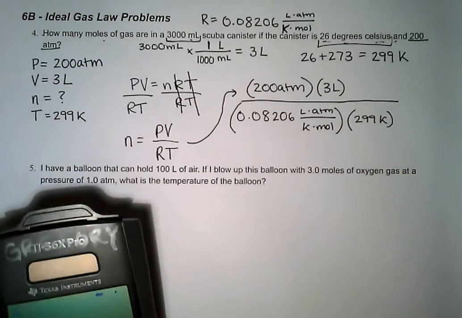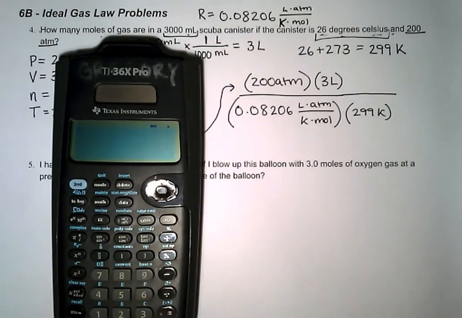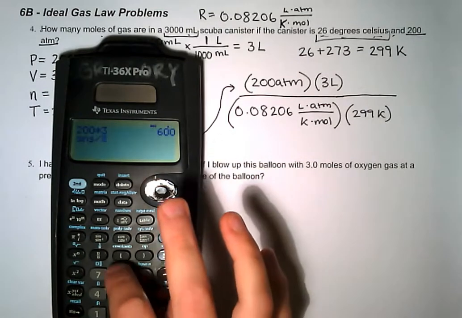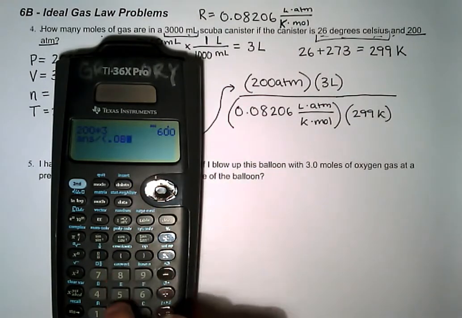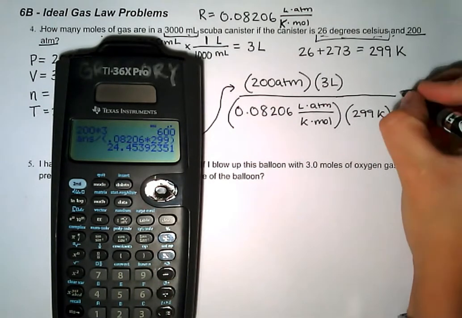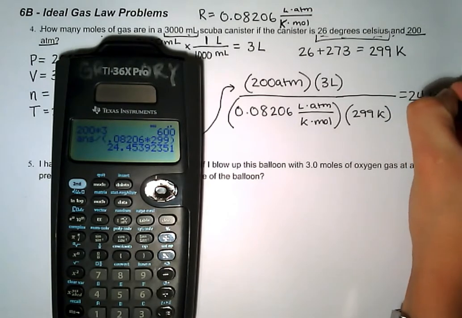So now all that we need to do is plug this into our calculator. 200 times 3 divided by, put in parentheses, 0.08206 times 299. Close parentheses, hit enter, and that gives us 24.45.